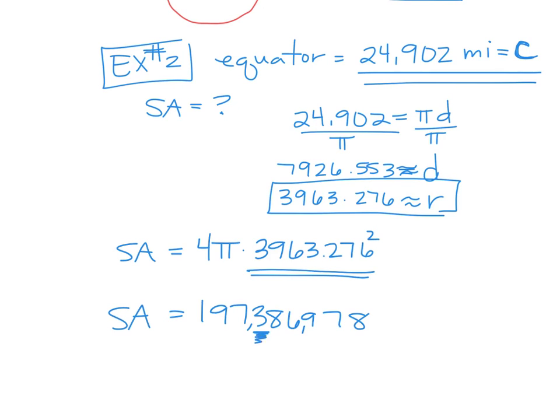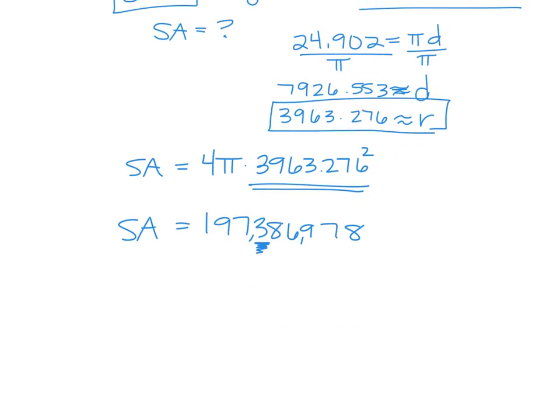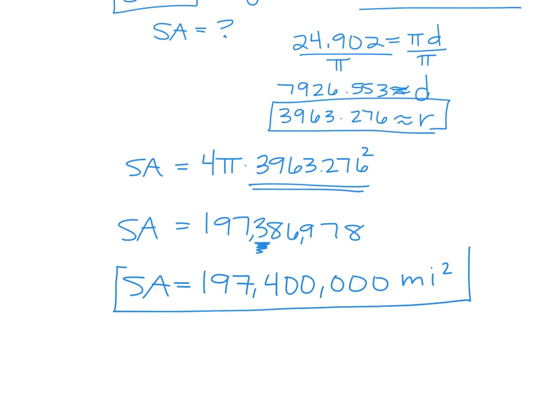Is that number going to stay a 3? It's going to become a 4, okay? So we would say Earth's surface area is 197,400,000. And we were talking miles, square miles. Okay, so you need a radius, solve for the radius. It's not worth shaking your head about.